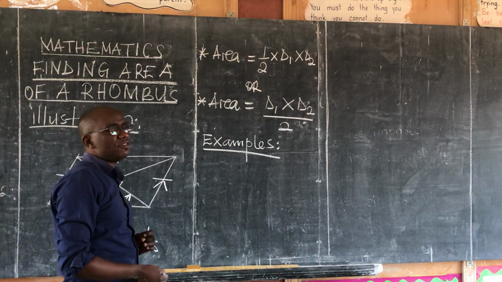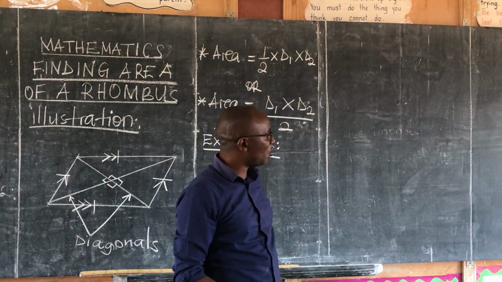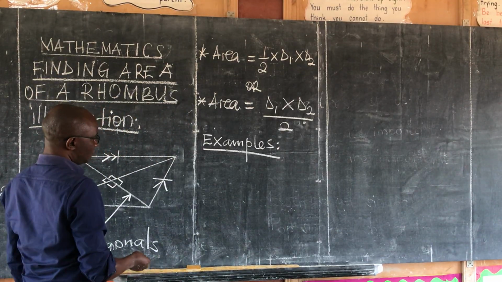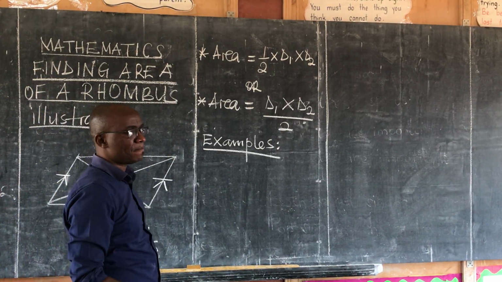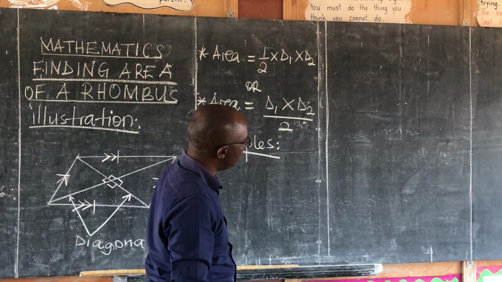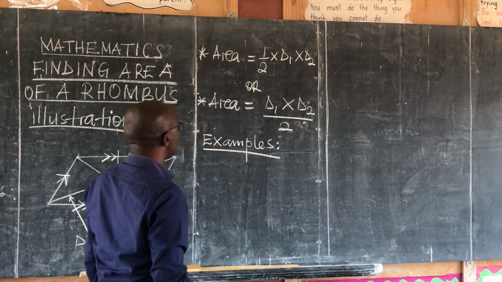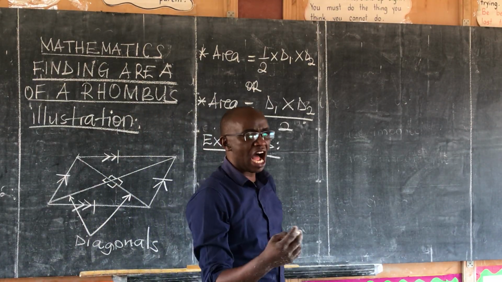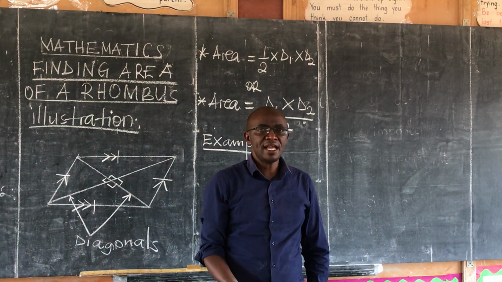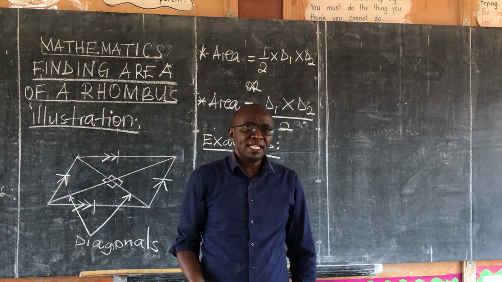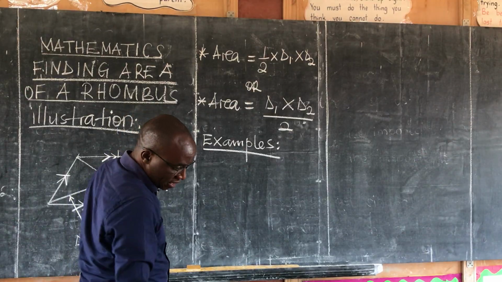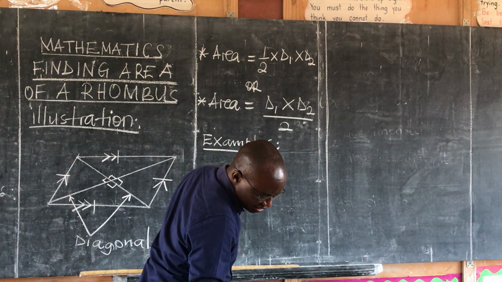Now I'm going to give 3 ways of finding the area of the rhombus. One, we can use the diagonals. Two, we can use the right angles. Three, we can use the isosceles triangles. Now, I'll first look at this first example.